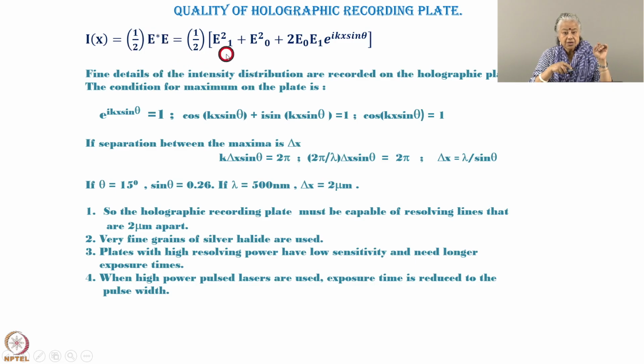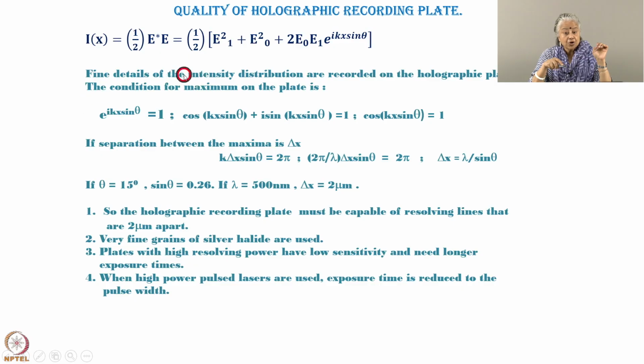So it turns out to be E1 squared plus E0 squared plus 2 E0 E1 e to the power i k x sin theta. I am speaking in terms of the plane wave only, I have not taken a spherical wave. The fine details of the intensity distribution are recorded on the holographic plate.